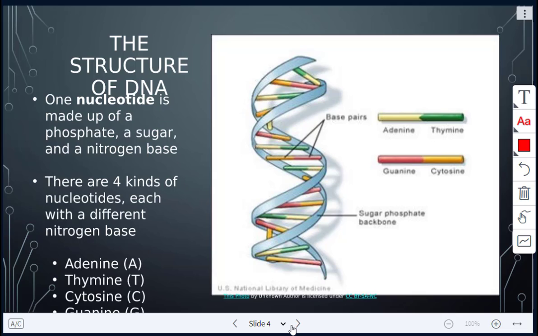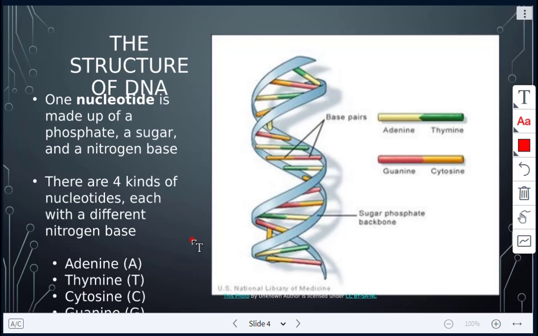Okay, so here is an image. So again, it looks like that twisted or coiled ladder. This blue on the outer sides of the ladder is made up of the phosphate and sugar. So here it's labeled as the sugar and the phosphate backbone.